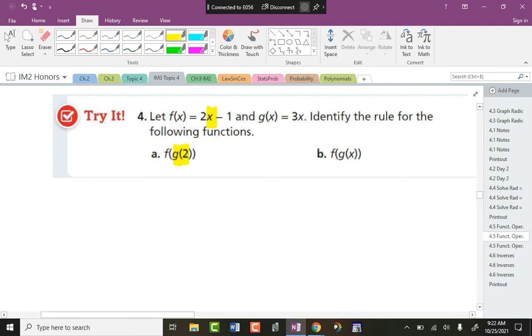Hey everybody, what's g of 2? 6. Because all I'm doing is taking this 2 and plugging it into wherever there's an x in the g function. So g of 2 equals 6.